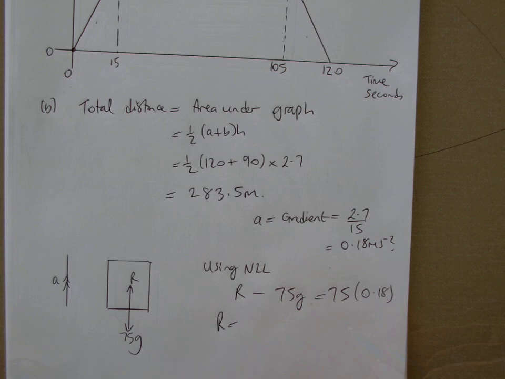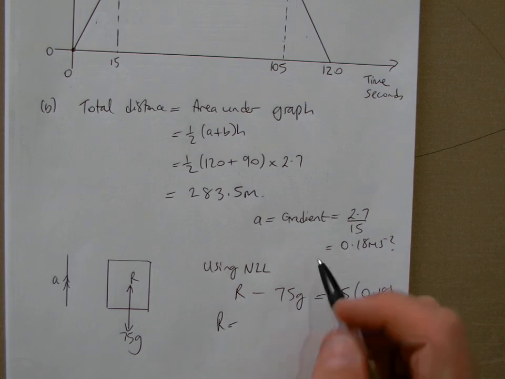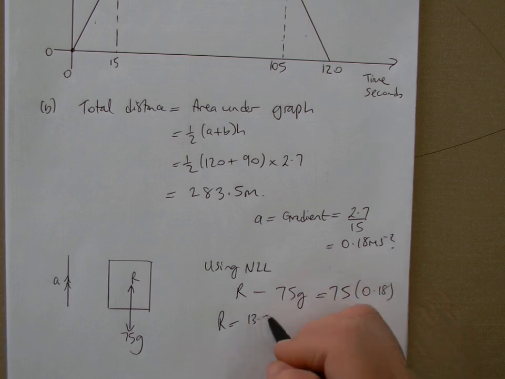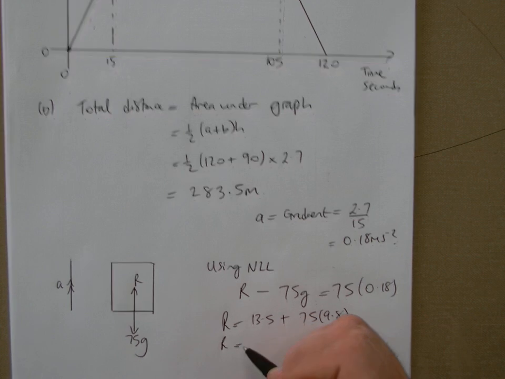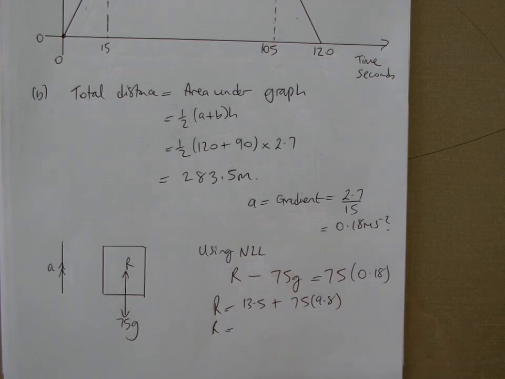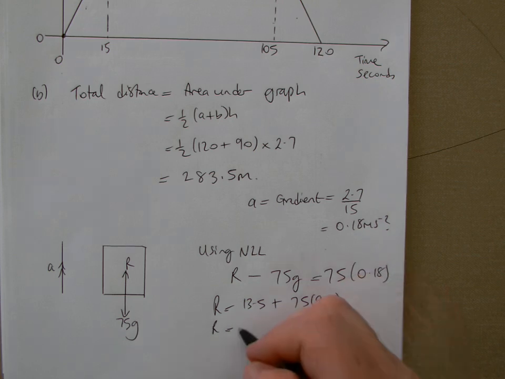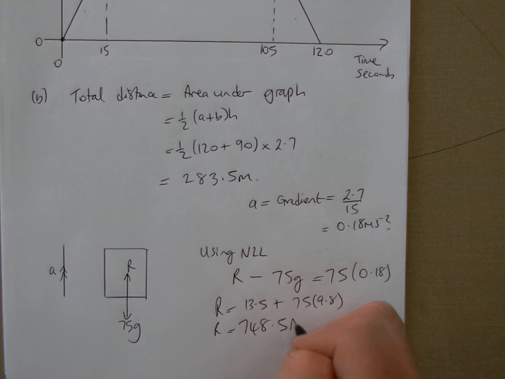So R will equal to then, well, if I work that out, that comes to be 13.5, and then take that 75g over to the side. So it comes out to be 748.5 newtons.